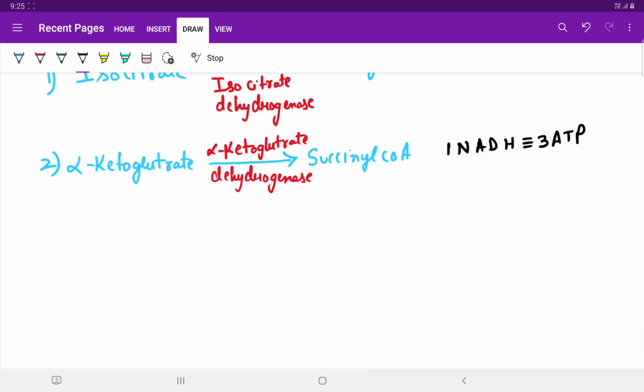Now the next is formation of succinate from succinyl coenzyme A. So it occurs in presence of enzyme succinate thiokinase.